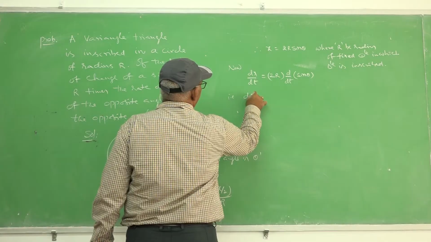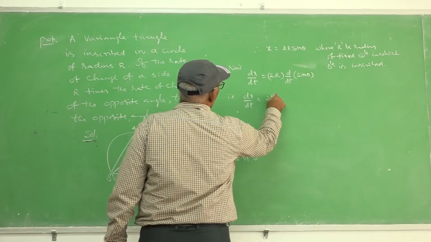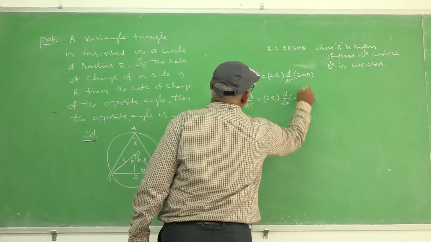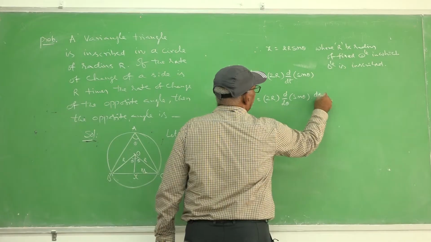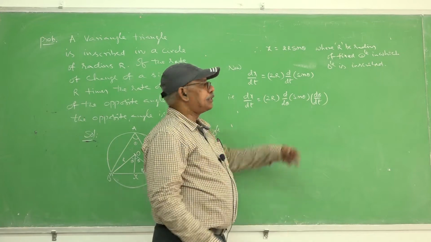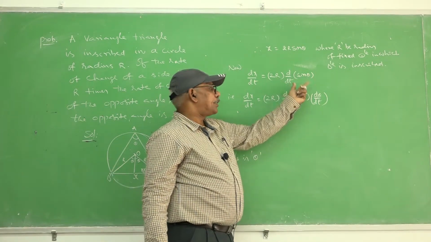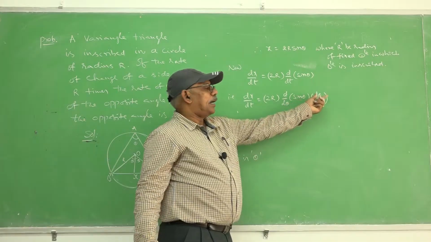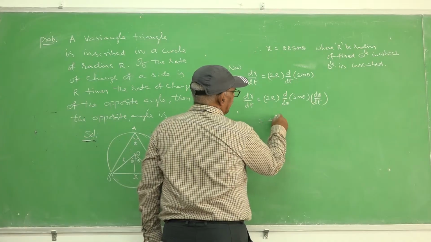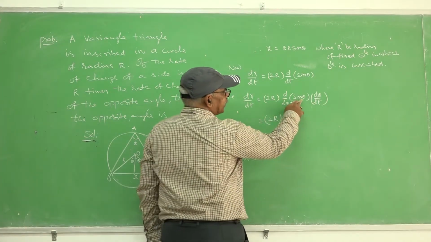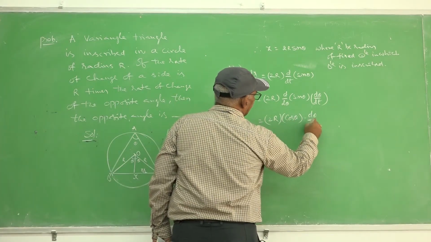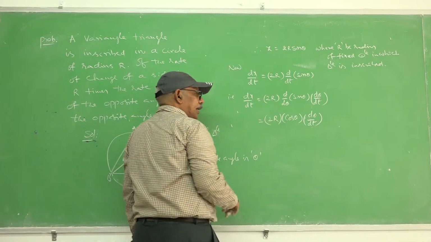That is dx by dt equals 2R into d by d theta of sine theta, into d theta by dt, by the function of function rule. The derivative of sine theta with respect to theta is cos theta. So dx by dt equals 2R cos theta into d theta by dt.